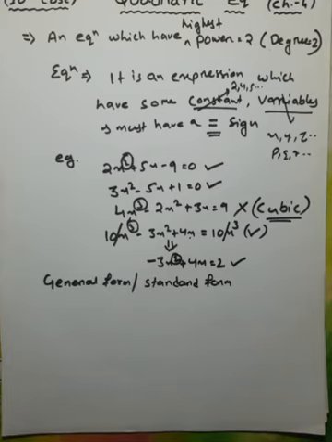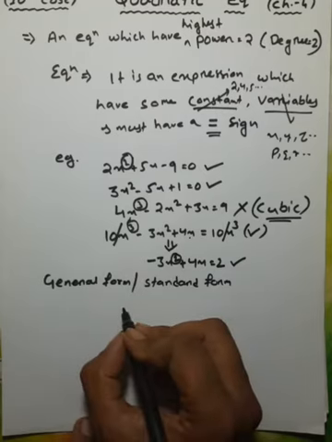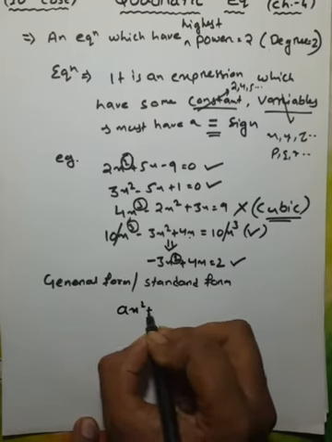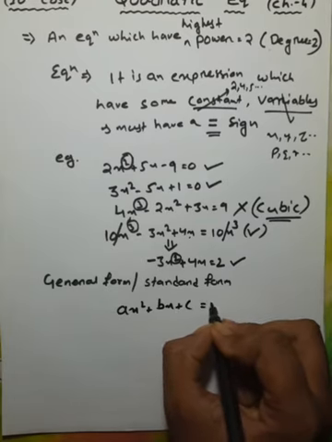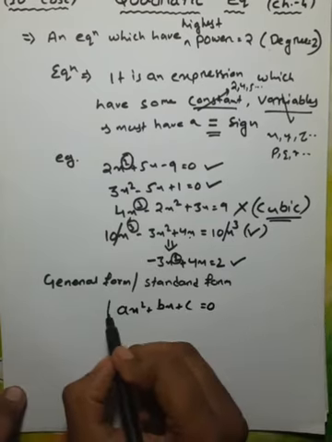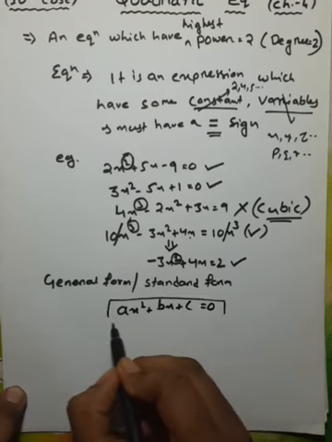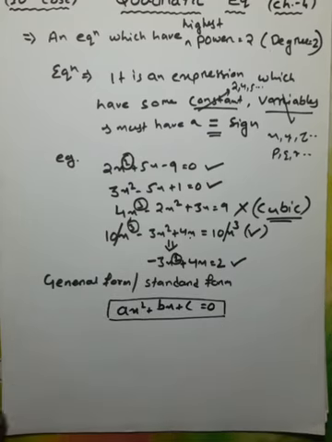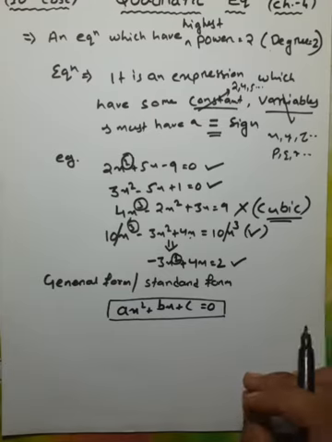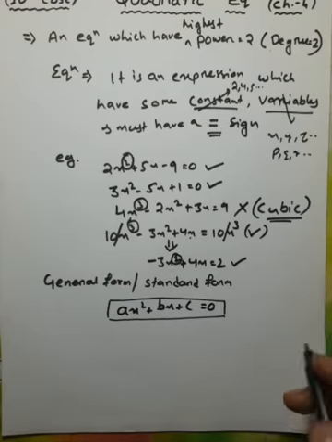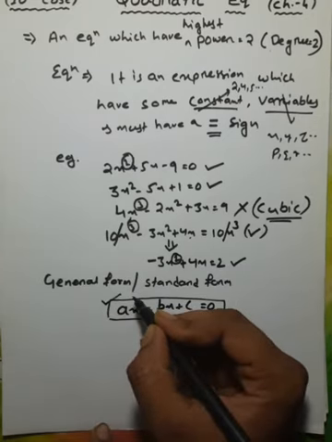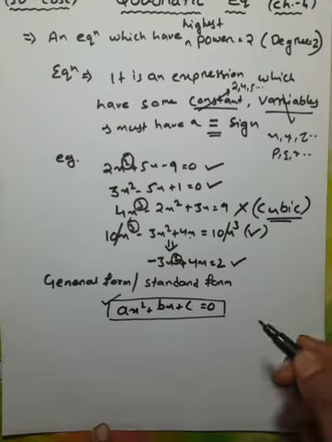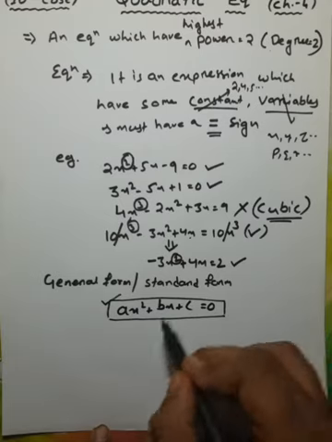The general form of a quadratic equation is ax square plus bx plus c is equal to 0. This is known as the general form or standard form of a quadratic equation, because every quadratic equation can be represented in this form.